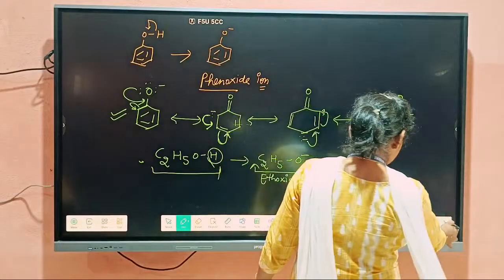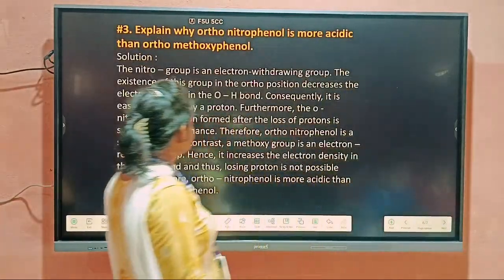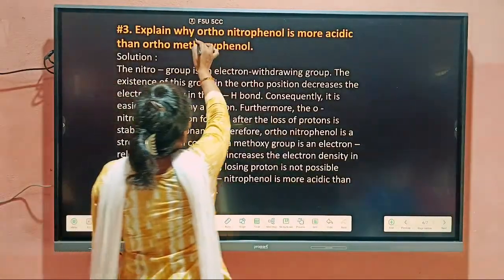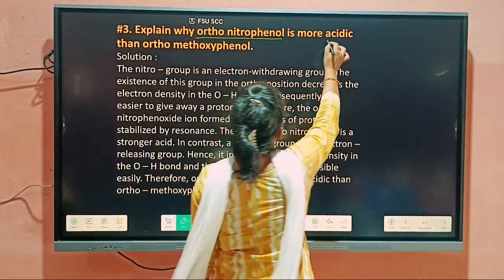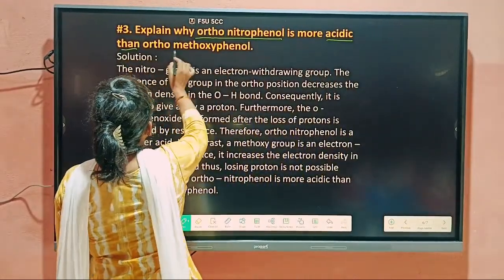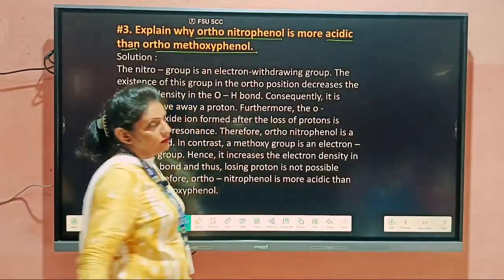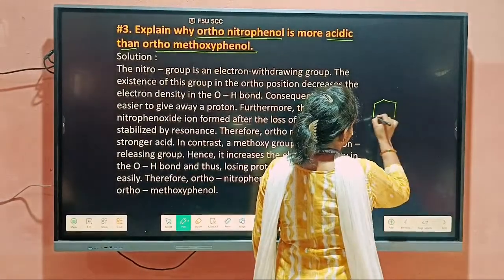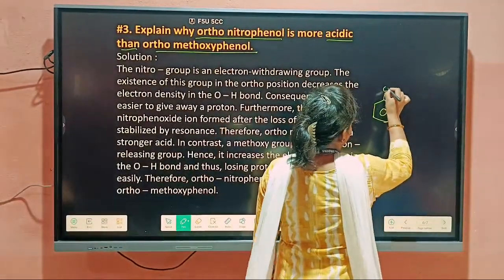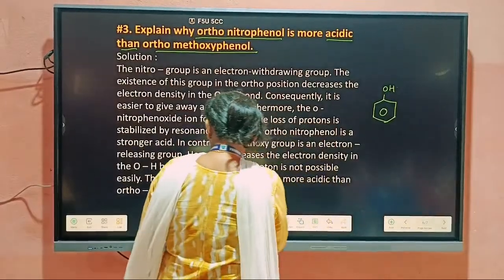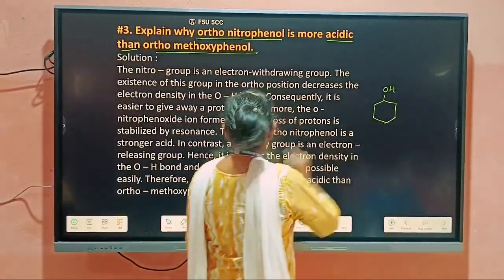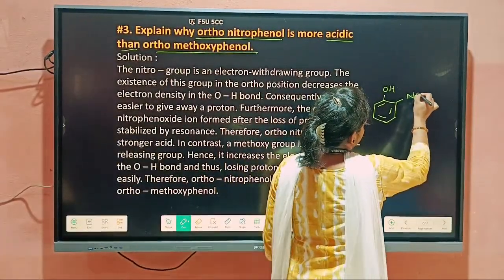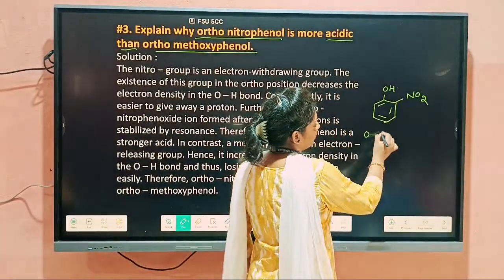This question is clear to you or not? Yes. Now our next question is, explain why orthonitrophenol is more acidic than orthomethoxyphenol. This one is orthonitrophenol.